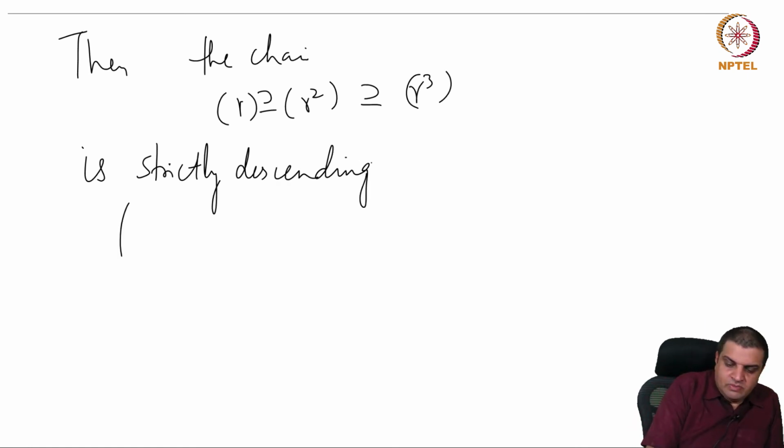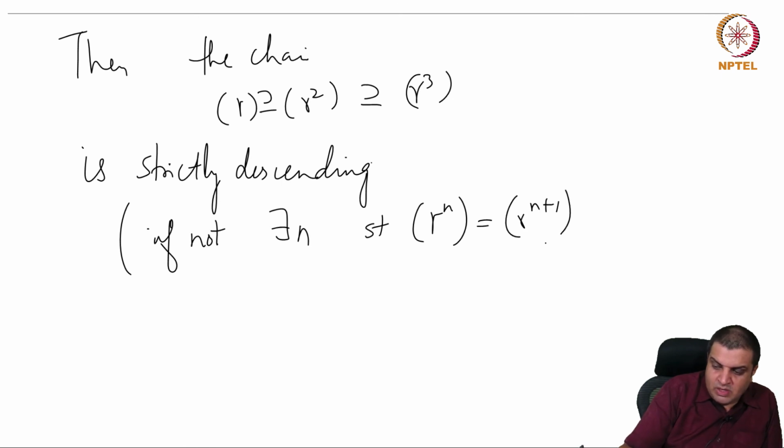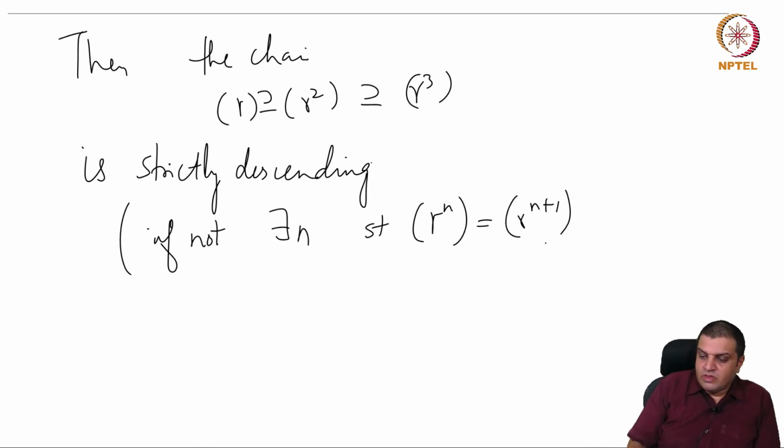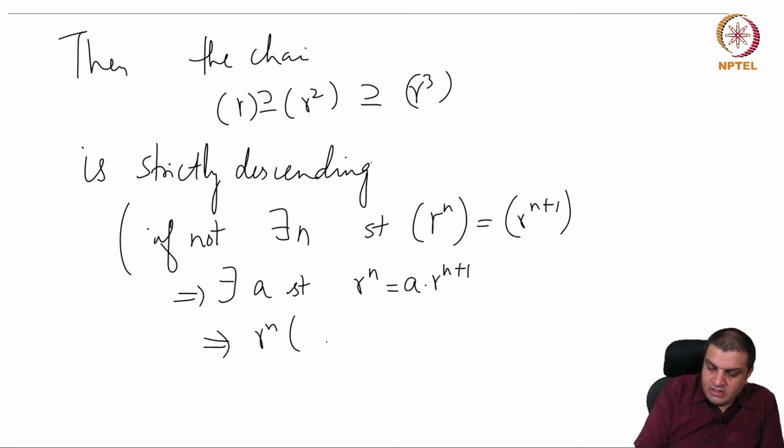If not, there exists n such that (r^n) is the same as (r^(n+1)). It means that there exists some a such that r^n is of the form a times r^(n+1). Now, this implies that r^n times (1 minus ar) is 0.